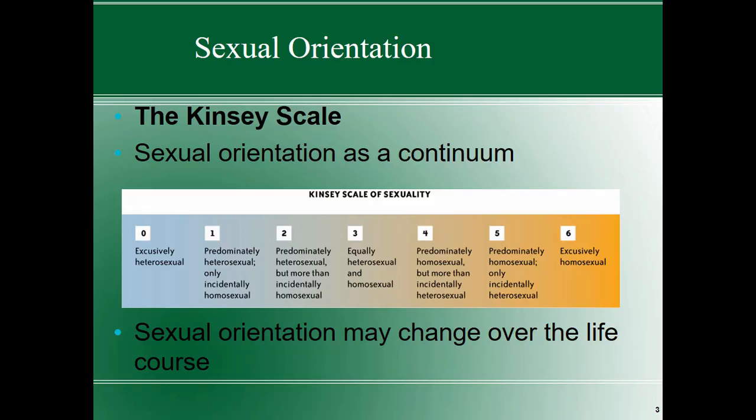Kinsey found a number of things. First of all, his first major conclusion is that many people who reported as being heterosexual did have homosexual encounters at some point during their life. Another major finding that came later on is that most bisexual people are not those even threes we would think of.